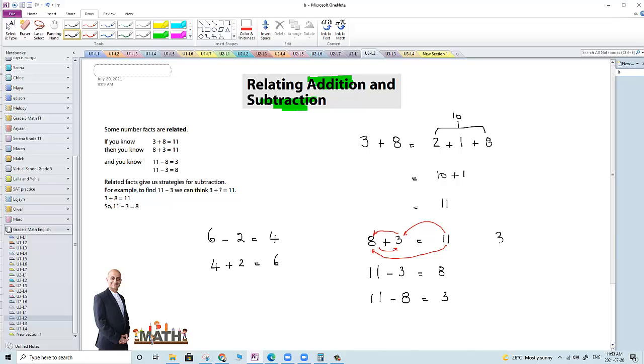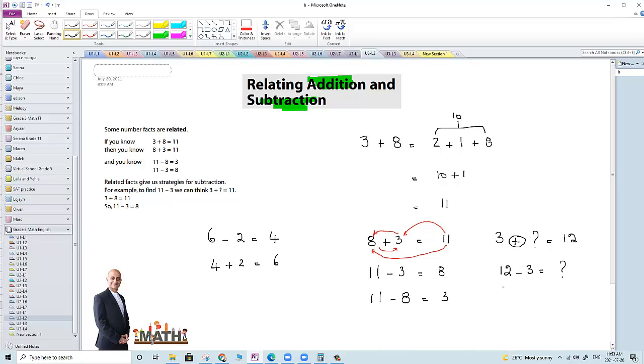For example, if the teacher says 3 plus what equals 12? Uh-oh. The teacher is hiding a number that I can add to the 3 to get the 12. So what is the idea here? I can say this is addition. What is the subtraction? If I do 12 minus 3, it will give me this missing number.